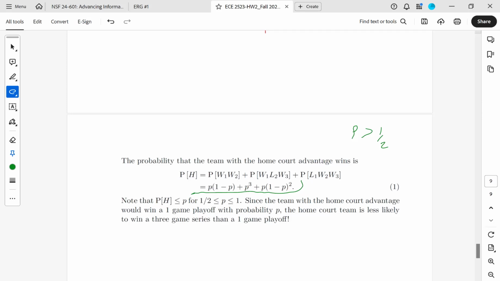If you simplify that function, let's do that. This is going to be p plus p squared plus p cubed plus p minus p cubed, correct? So the p cubes cancel each other. Is that correct?